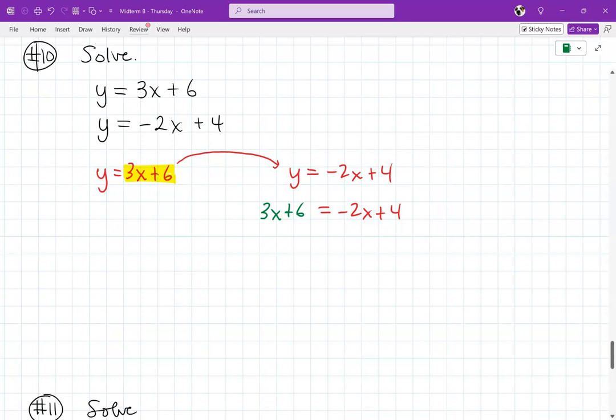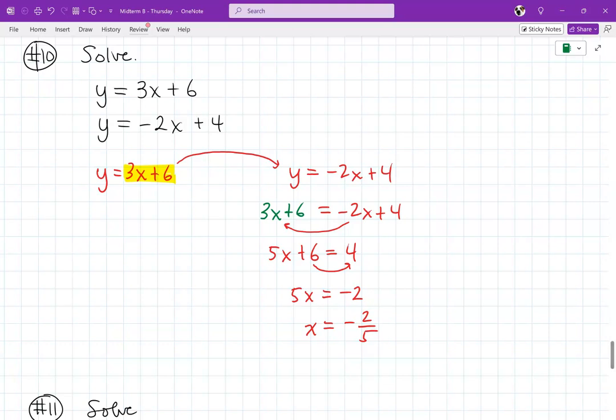I am going to get this negative 2x, move it over. That's 5x plus 6 equal to 4. I'm going to subtract the 6 over to this side. So that's 5x equals negative 2. So x is negative 2/5. Okay?